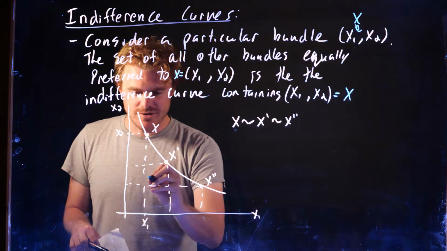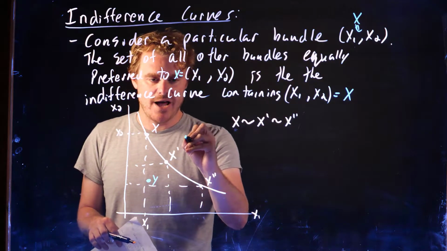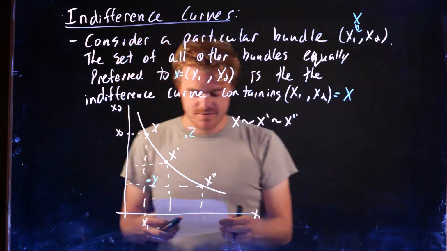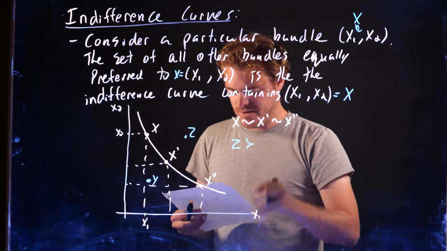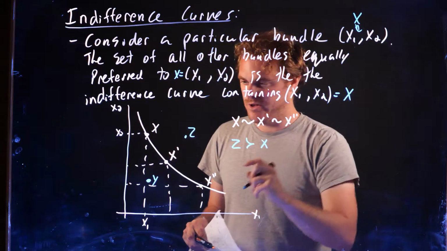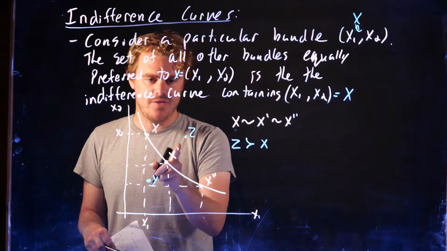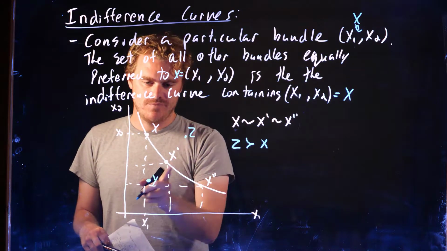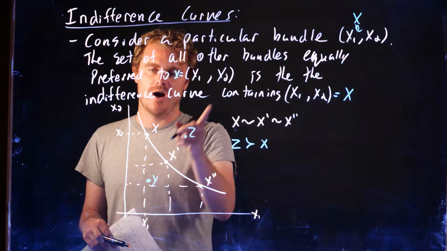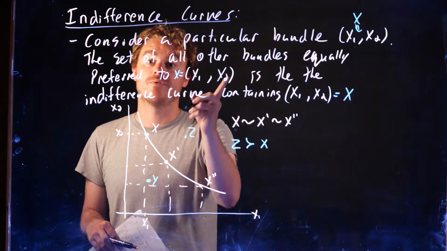Now we can also have bundles on the inside, such as bundle Y and bundle Z. And here, Z is going to be preferred to bundle X. So Z is going to be on this higher indifference curve. So the further from the origin we are, the more preferred the bundle is.